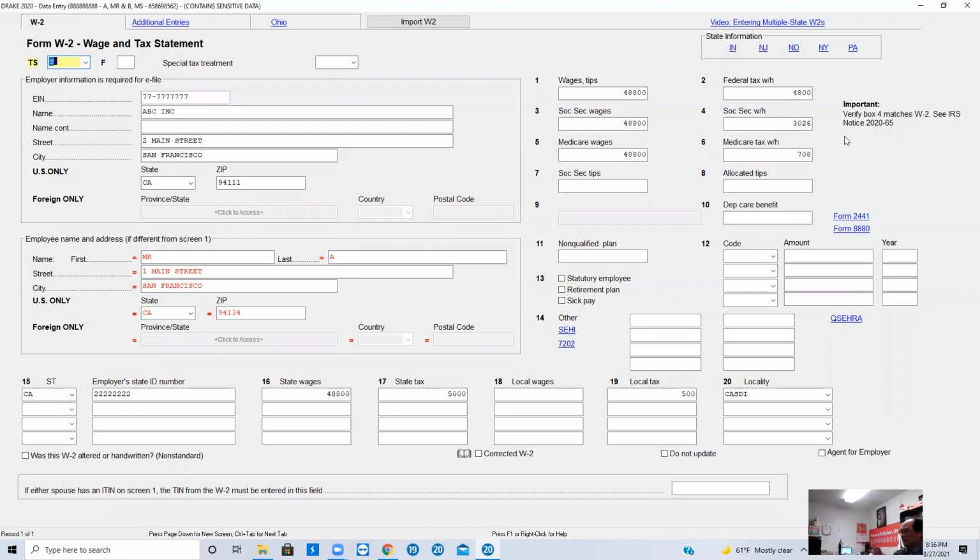So you want to make sure you put them in the right places. And if the client has a 401k, which goes in box 12, you have to be careful. Box 1 and boxes 3 and 5 may be different, and you have to override these numbers to match what goes on the form.